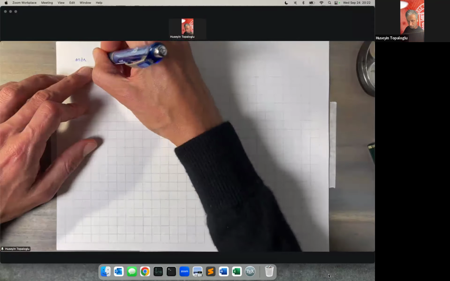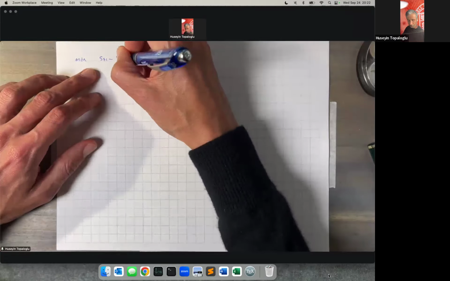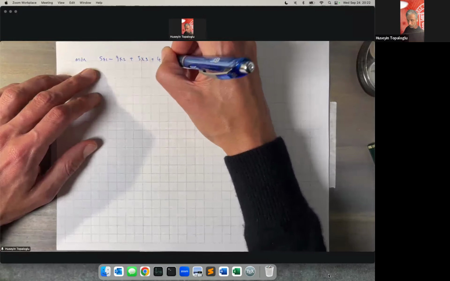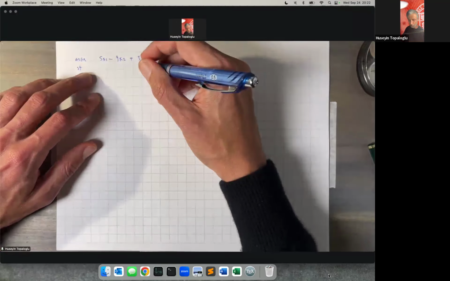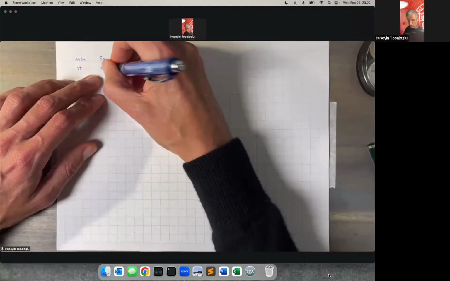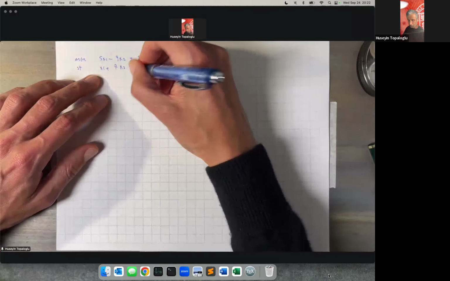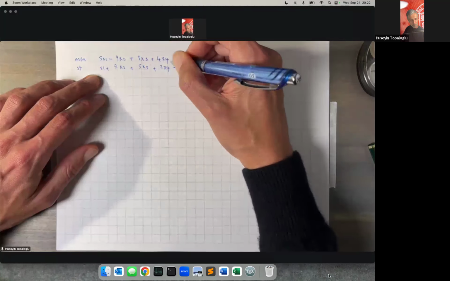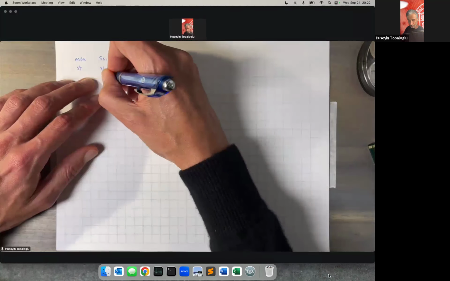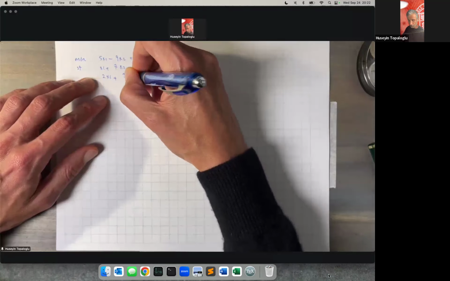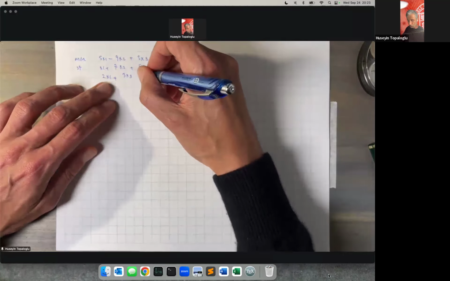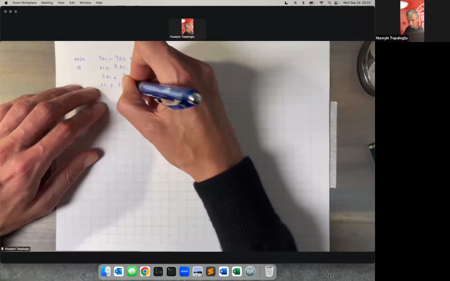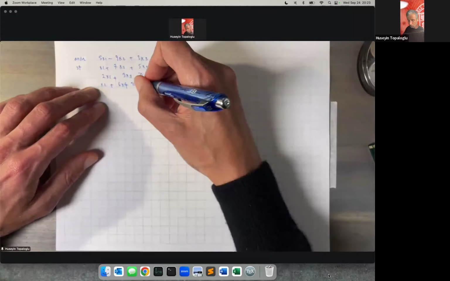We're minimizing the objective function 5x1 minus 9x2 plus 3x3 plus 4x4, subject to one equality constraint, one greater than or equal to constraint, 2x1 plus 3x3 is greater than or equal to 7, and one less than or equal to constraint, x2 plus 6x4 less than or equal to 4.